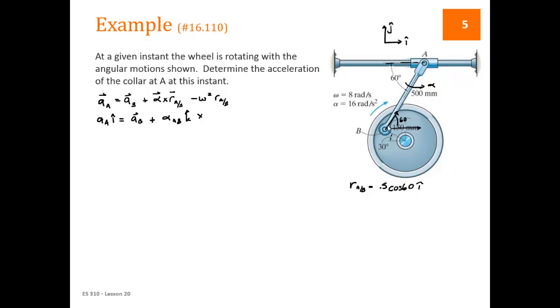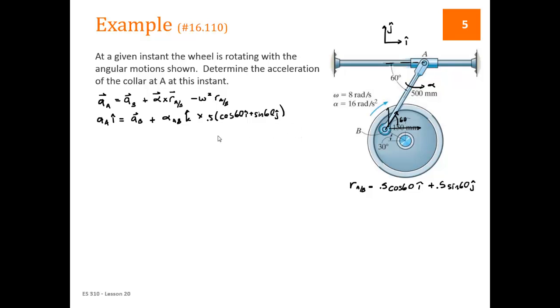Then we're going to go up that far, all the way up there. That's also positive, so 0.5 sine of 60 in the j hat direction. So that's our R direction, so we can write that in here, crossed with 0.5 cosine 60 i hat plus sine 60 j hat.